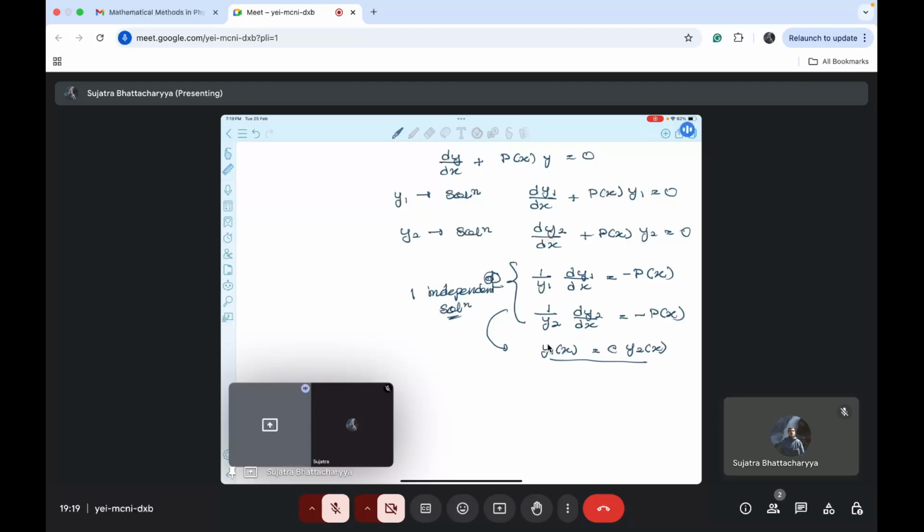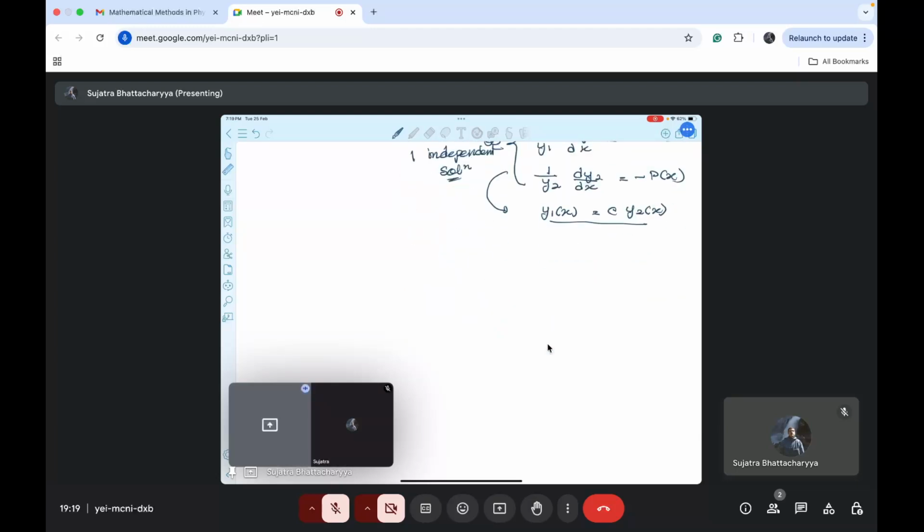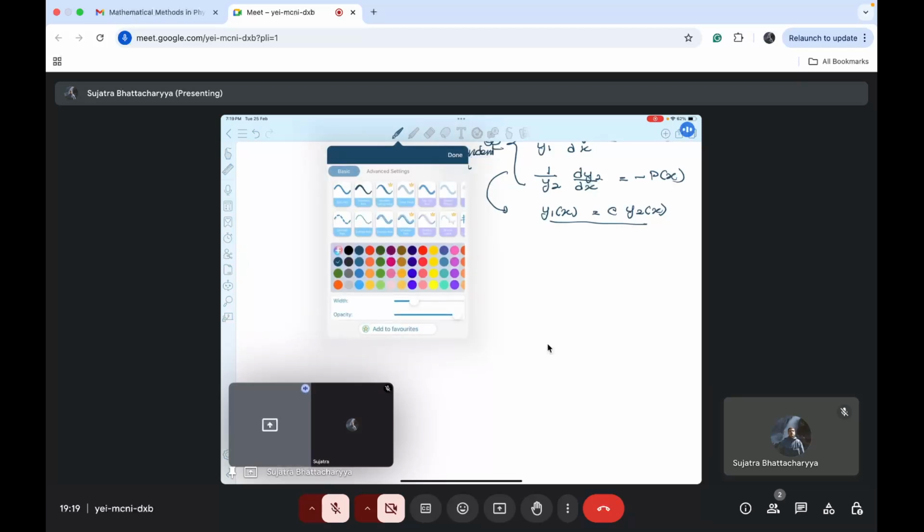Once we do that, we will go towards the different kinds of solutions of second order homogeneous linear equations with constant coefficients. That is the last part of this lecture. Okay, so next we will move to some special differential equations.